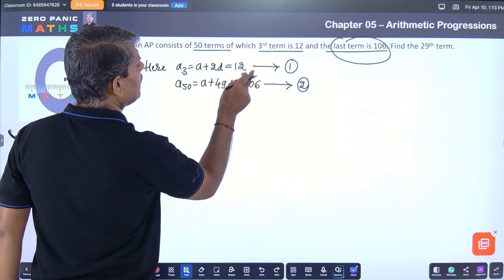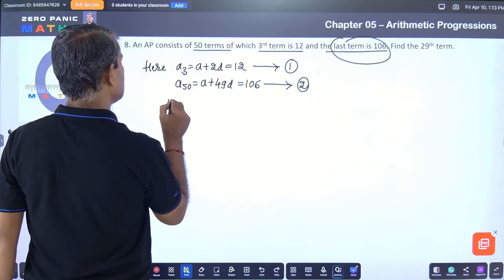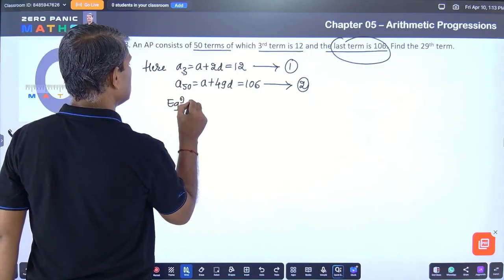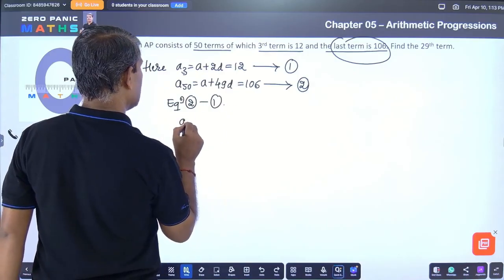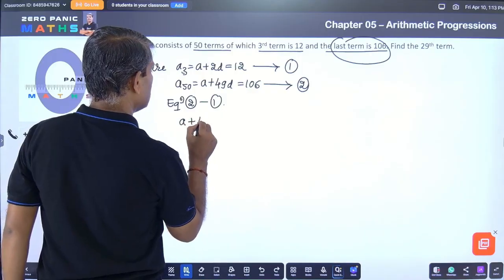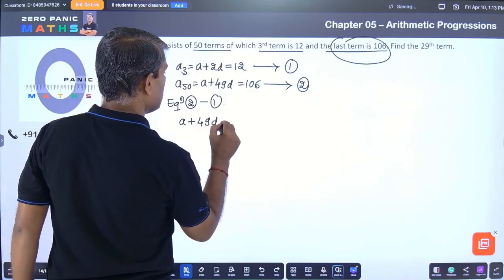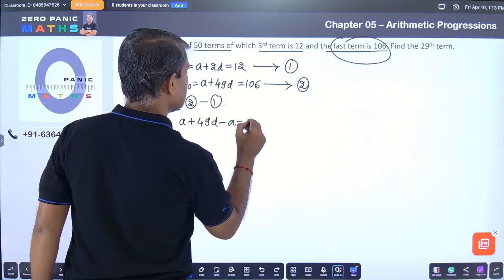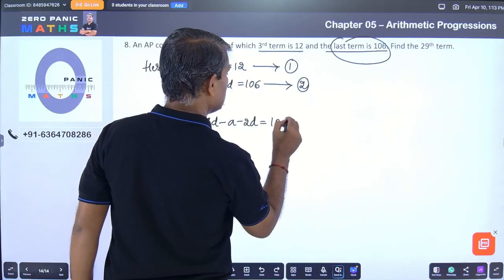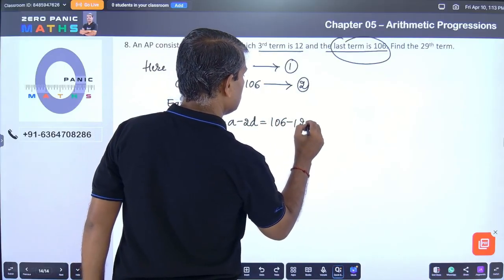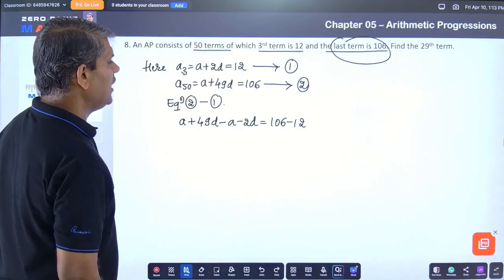Now let us solve the problem here. Subtract 1 from 2. Equation 2 minus equation 1. So that will give us A plus 49D minus A minus 2D is equal to 106 minus 12, right?